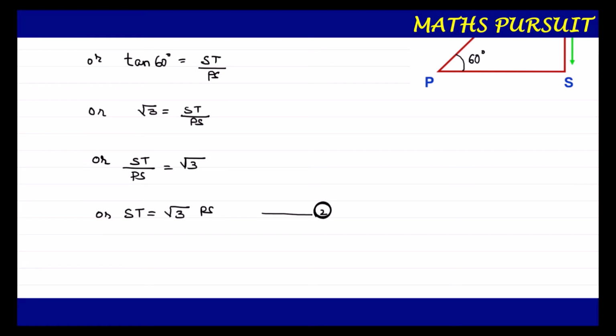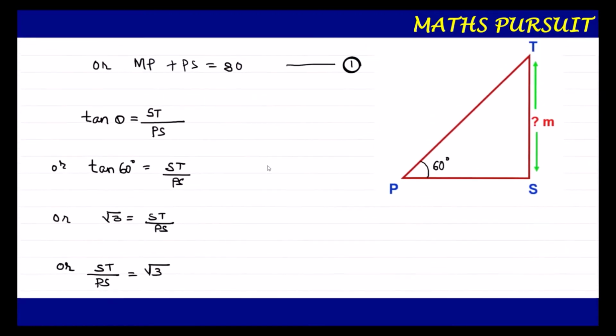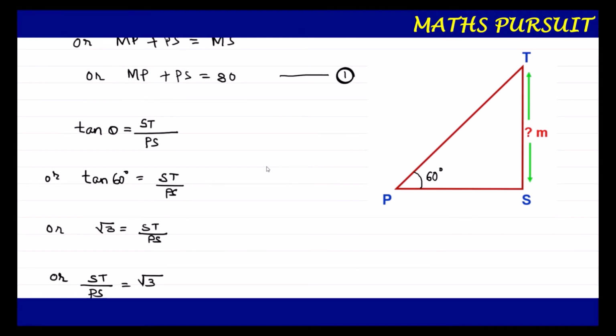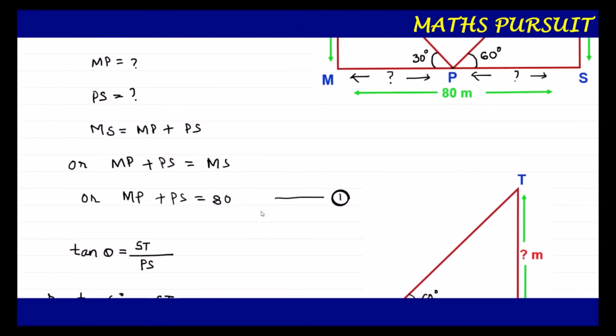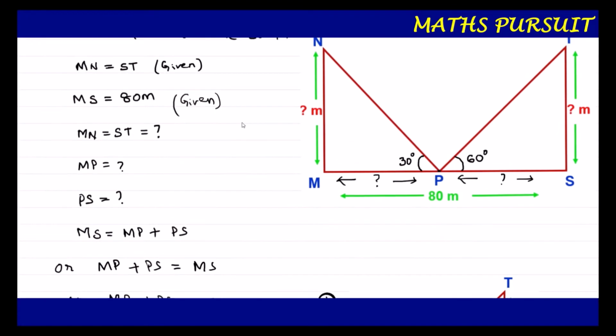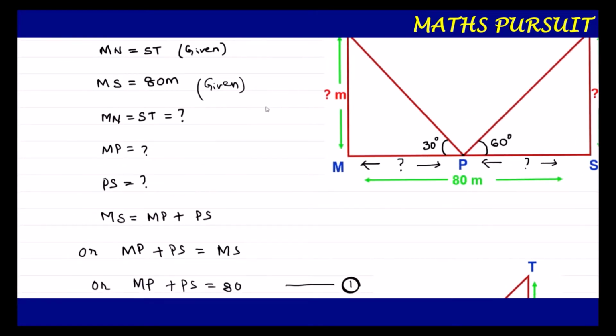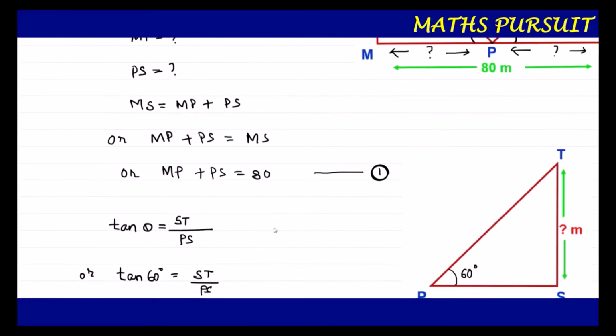Now guys, as I told you earlier, we are going to focus on each of the triangles separately. So now, after focusing our attention on this particular triangle SPT, let us focus our attention on the other triangle, which is MPN, whatever it may be.